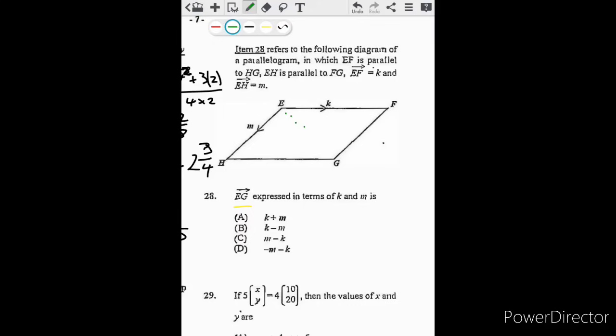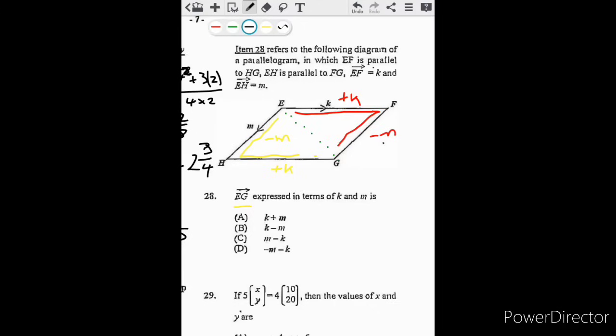So EG is there, and E to G, one part is E to H, then H to G, and then E to F and F to G. If we use the red, then we'll have a positive K minus M. And if we use the yellow, we'll have minus M plus K. So let's write down our options.